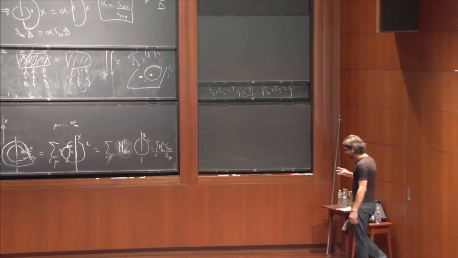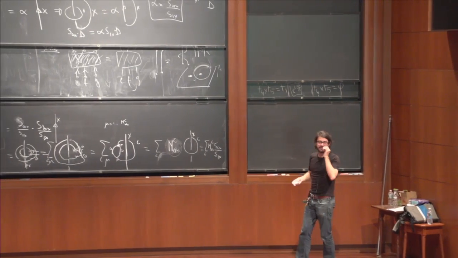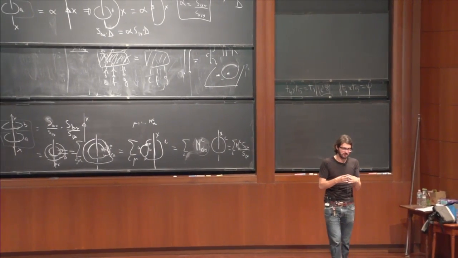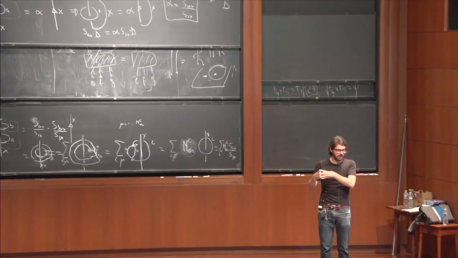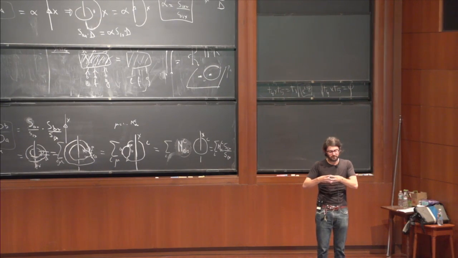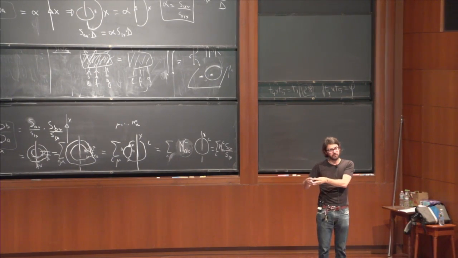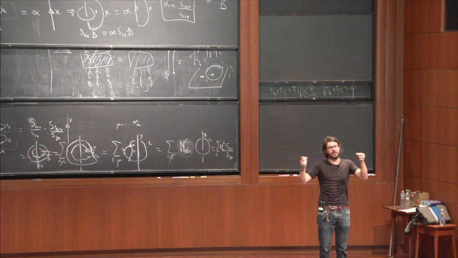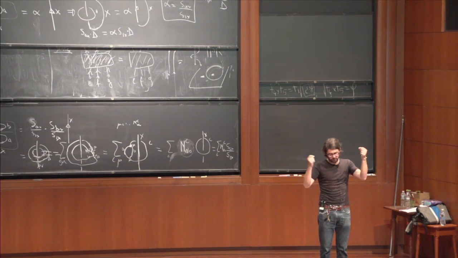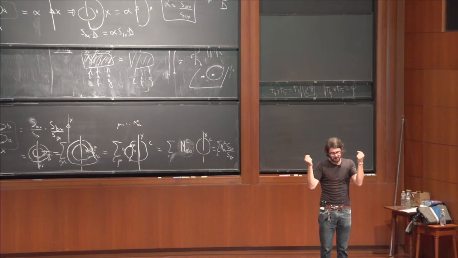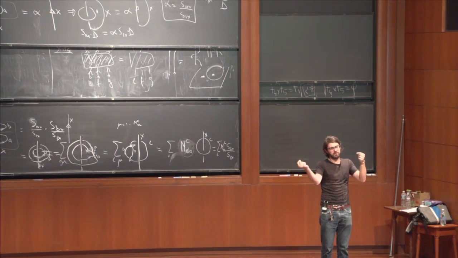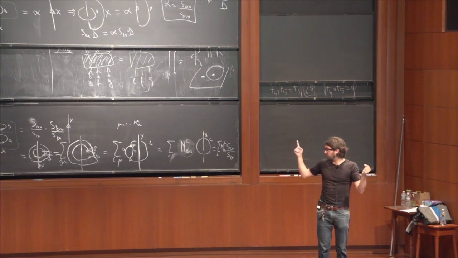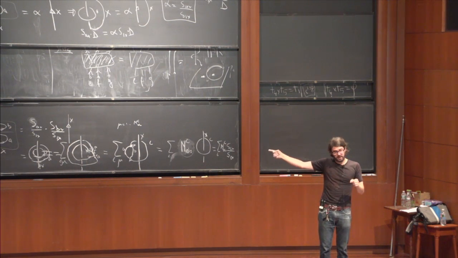But what you prove in this formula is that if I define these as phases, the topological data of my theory, the amplitudes or phases that you get by braiding quasi-particles, you can get them from that.